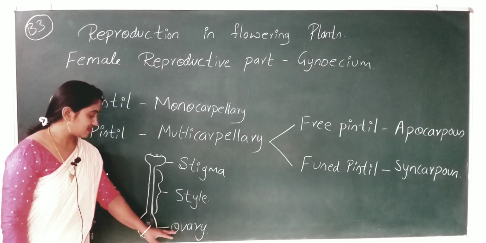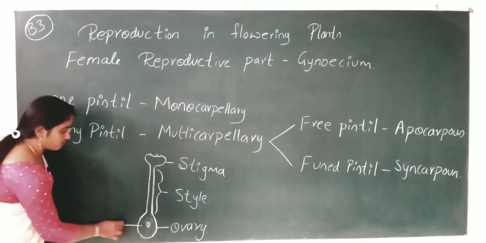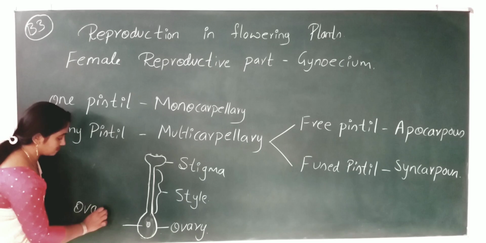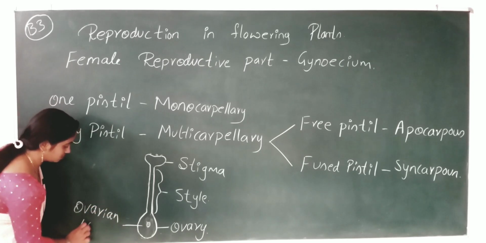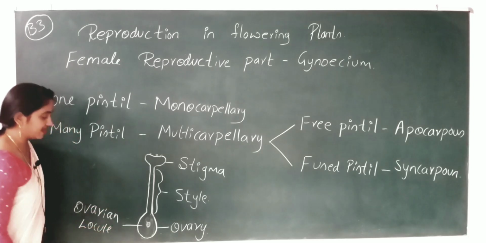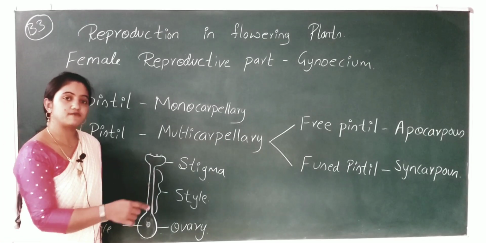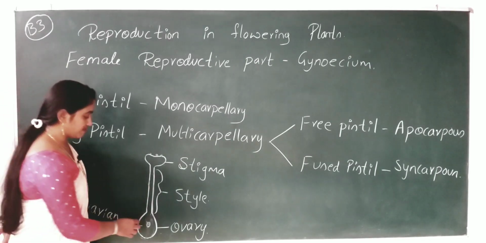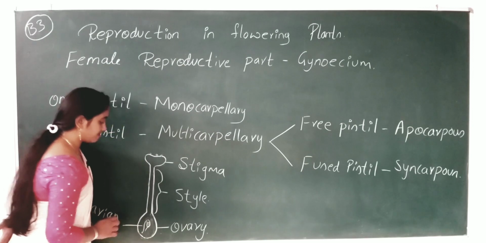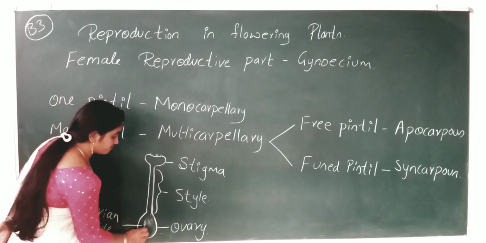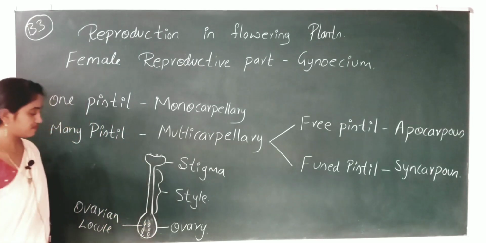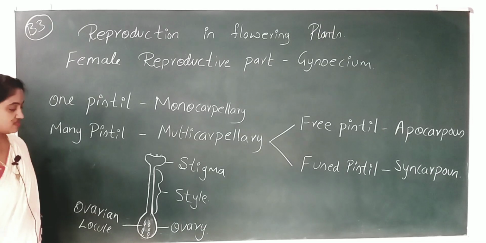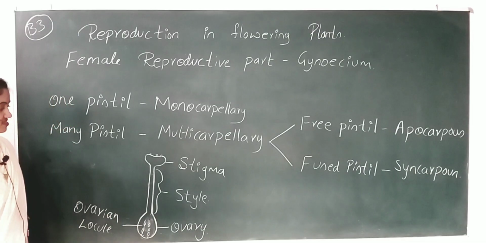The ovary has an ovarian locule, and in some species of flowering plants one ovule is present or many ovules will be present. Depending on the species, the number of ovules varies.